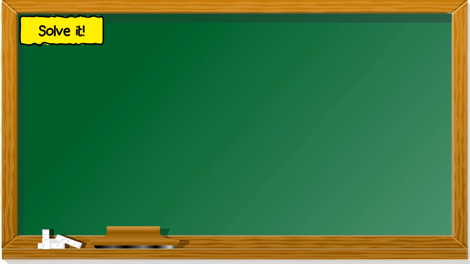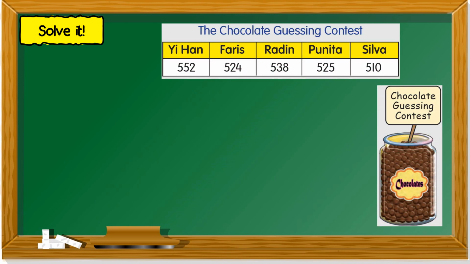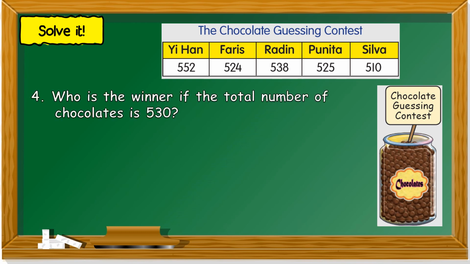We take a look at this question 4. The chocolate guessing contest. How many participants? Peserta? There are 5. Yihan, Faris, Radin, Punita, Silva. So, who is the winner if the total number of chocolates is 530?